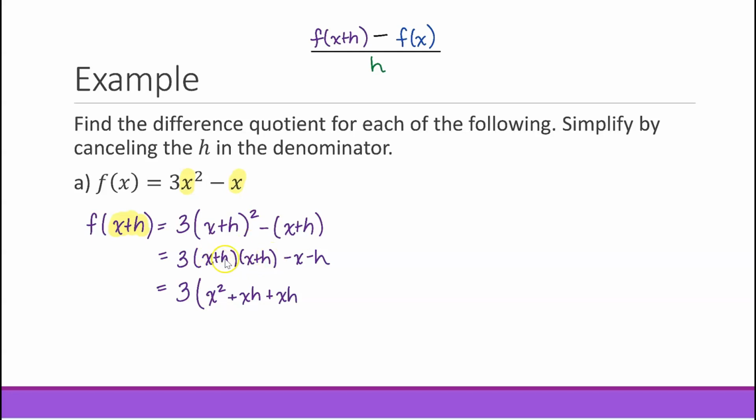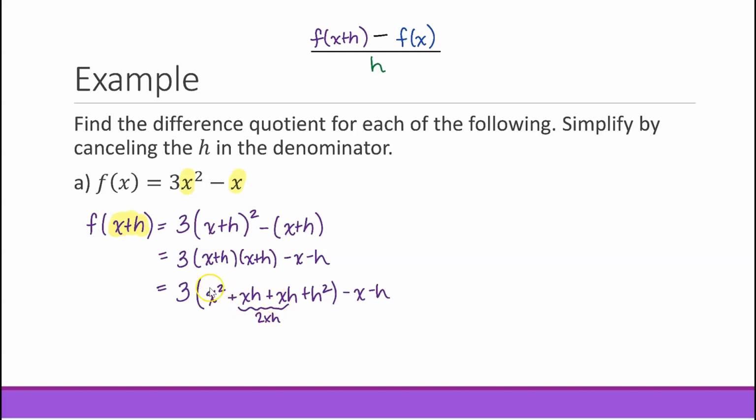So I've done first, outer, inner, and last is plus h squared, minus x minus h. And then this 3 can distribute to everything in here, but let's notice that inside right here, plus xh plus xh is 2xh.